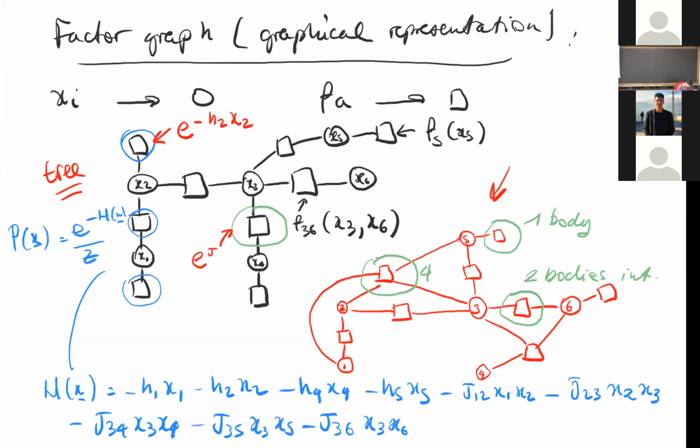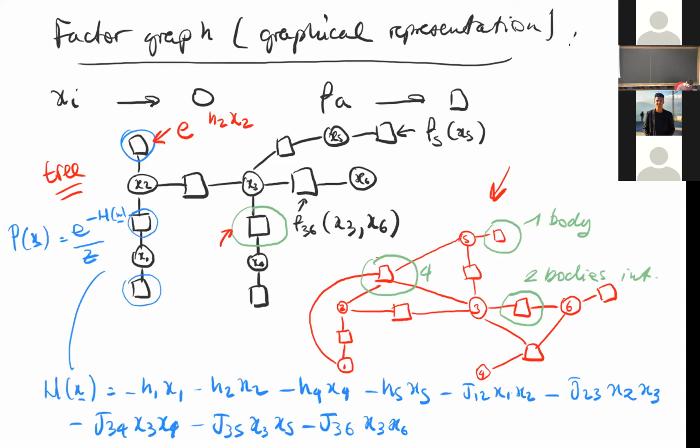Exponential j... minus. No, sorry, this minus is not here, because this minus simplifies with these minuses. But if you write in terms of factors, you don't need this minus.